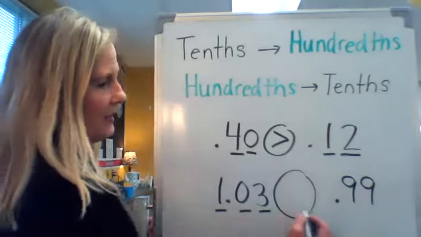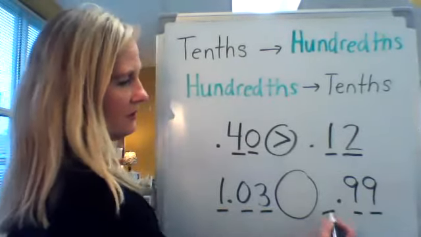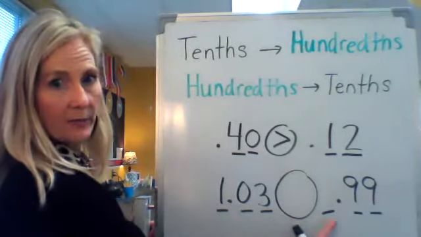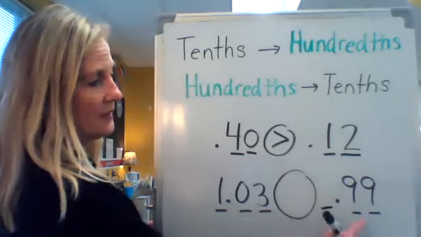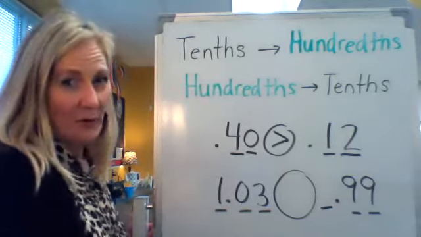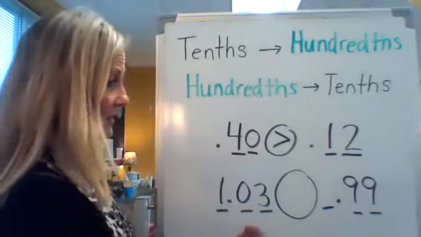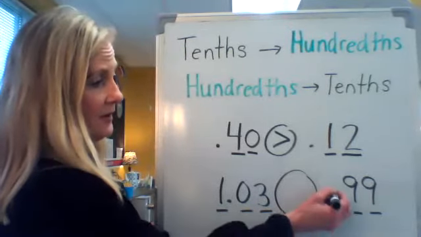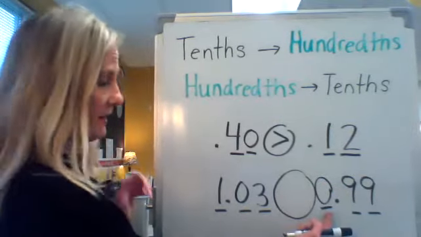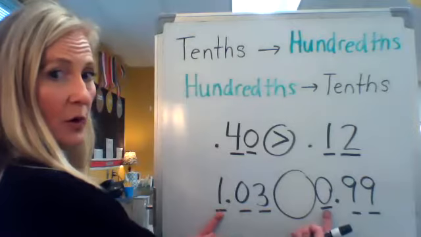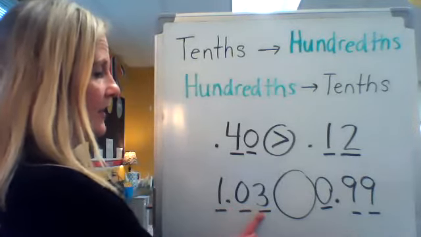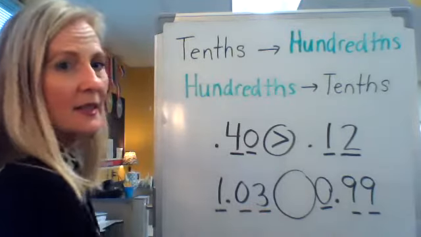Which amount is larger? So we have ones, tenths, and hundredths. And so I made sure I had a ones here. Ones, tenths, and hundredths. And I see that I don't really need to make the match because this is so obvious. But if I wanted to, I could put a 0 there to fill in the ones place to see, so I can compare: 1 whole, or is it no wholes? 0/10 or 9/10, 3 hundredths or 9 hundredths.